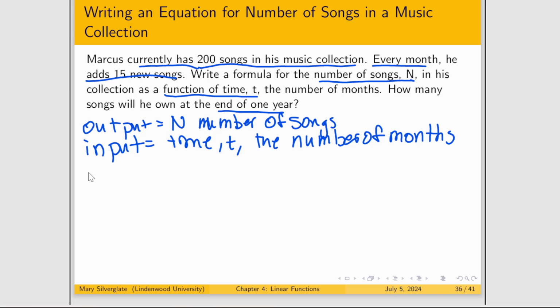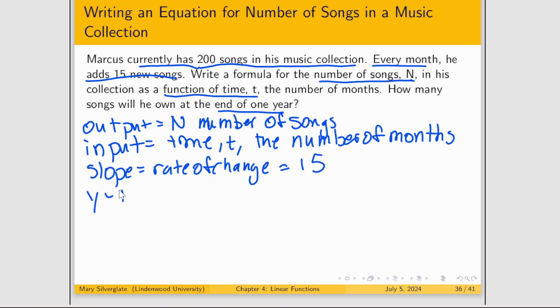Then we want to figure out if they gave us any of this information directly. Our slope would be a rate of change. So in this case, how many songs change as the months change? Was that given to us directly? It was. It said 15 new songs. Since it adds 15 new songs, that's a positive 15. If I was taking away songs, I'd make that negative.